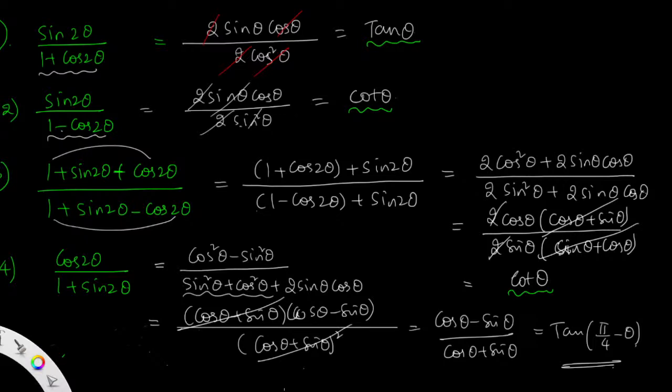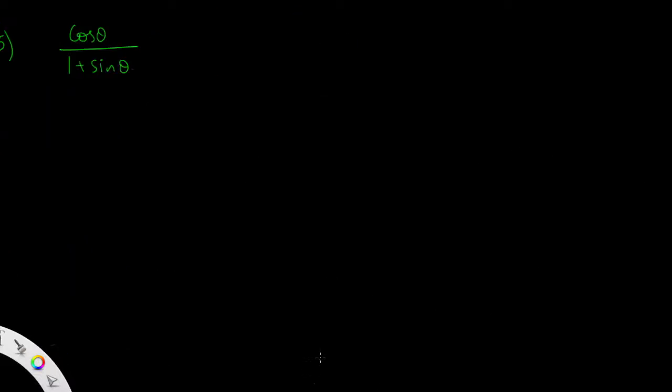And here also cos theta you can write as cos square theta by 2 minus sin square theta by 2, divided by sin square theta by 2 plus cos square theta by 2 plus 2 sin theta by 2 cos theta by 2. In half angle formula you can write, then substitute. Then also here the value is nothing but tan of pi by 4 minus theta by 2, is the answer.